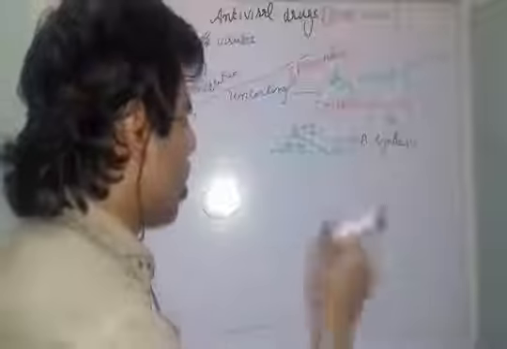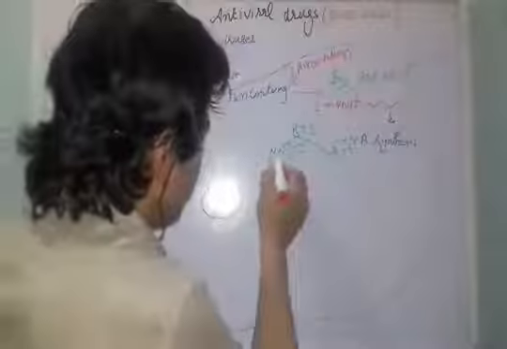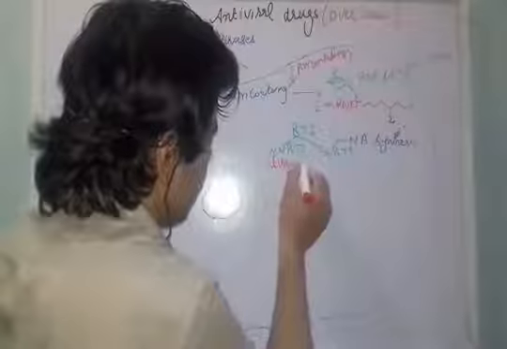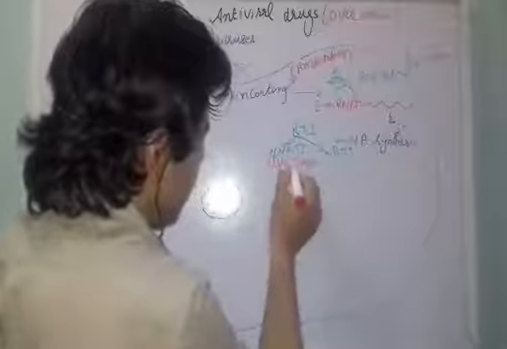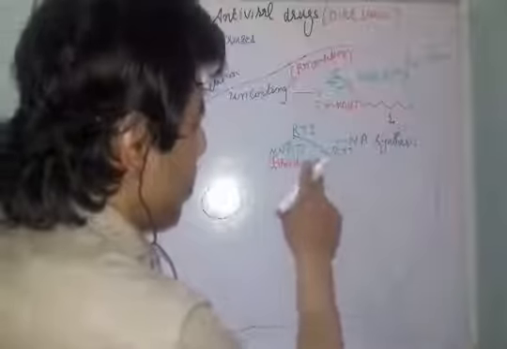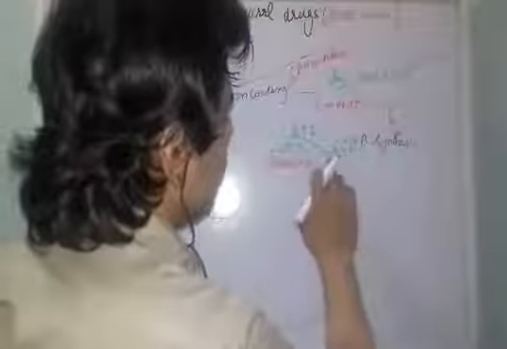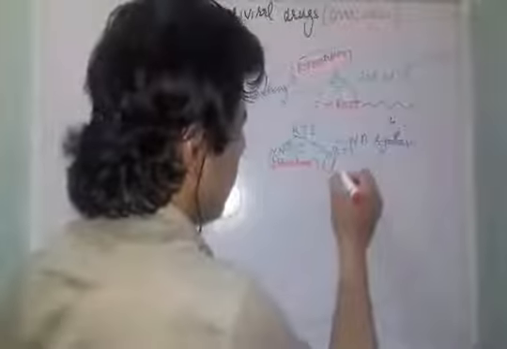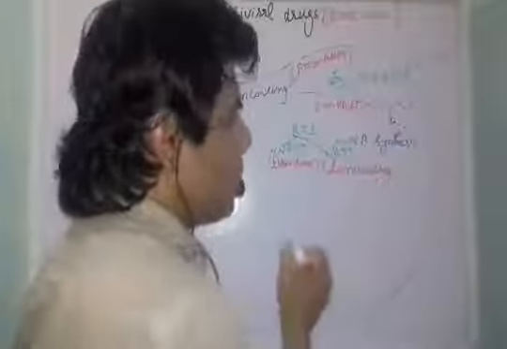Now in non-nucleotide reverse transcriptase inhibitor, the drug is called etravirine, and for nucleotide, the drug we call lamivudine. We usually give these drugs to stop the activities of reverse transcriptase.